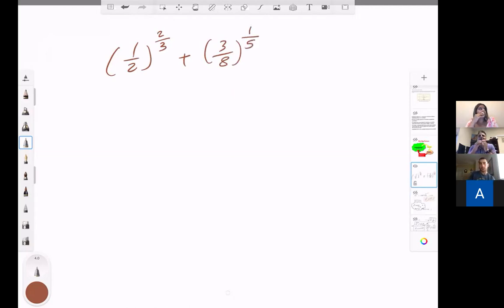In algebra, this is going to be a pain to find the exact value. I'm not going to ask you to find the exact value, that means no calculator. But you guys are going to use a calculator. Can you tell me what the answer is to 5 decimal places?